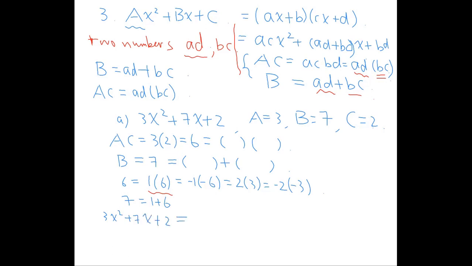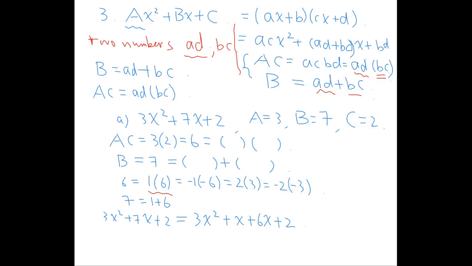I'm going to rewrite this one and split the middle term, 7x, as 1x plus 6x, or 6x plus 1x. Okay, they're the same. Let's say 1 plus 6, so 1x plus 6x. And then we have plus 2, right?